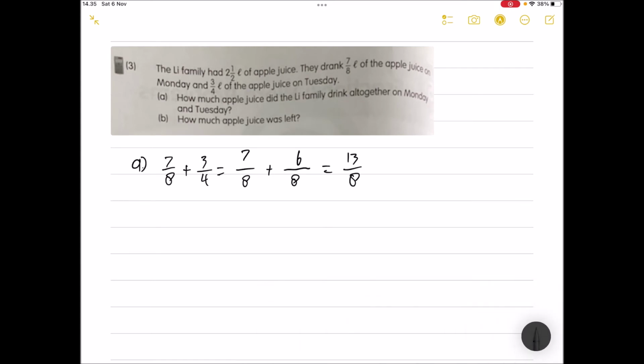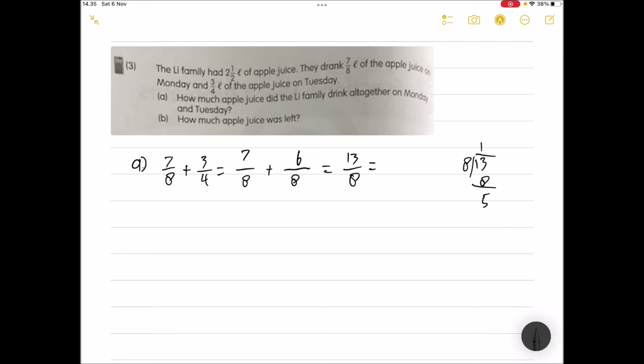Remember that this cannot be your final answer. Final answer has to be in simplest form or in a proper fraction. Sorry, what I mean is it can be a mixed number as well. And as you can see here, 13/8 is an improper fraction. Okay, so we have to change it. We divide 13 divided by 8, you get 1, 8, and then you have 5 as a remainder.